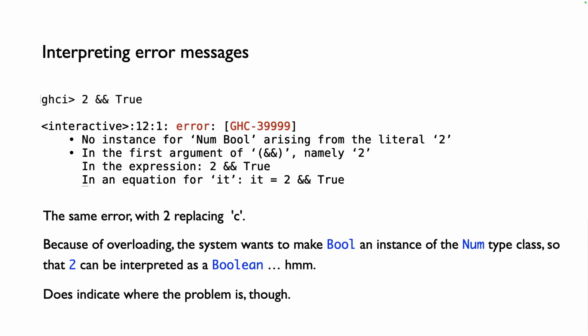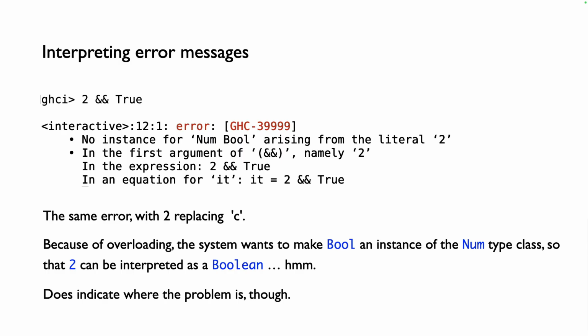And I think there's a slight error on this slide. I'm saying making Bool an instance of the Num type class would not so much say that 2 can be interpreted as a boolean. It is that booleans could be thought of as numbers, so true could be thought of as a number.